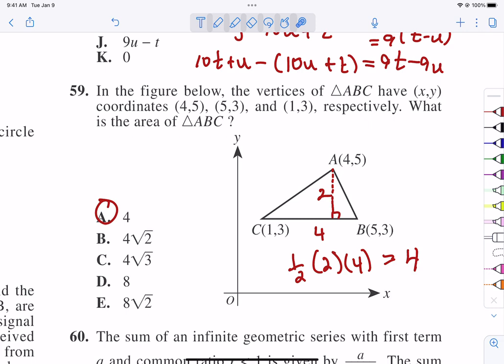So you don't have to do anything magical for that one. It's just recognizing the fact that this is perpendicular, and we can just use that height there. How do we know? Well, 5 minus 3 is where I got this 2. 5 minus 1 is where I got that 4. Just think about how many digits it would be. And if you even wanted to make a rough picture and break it down, you could do that.